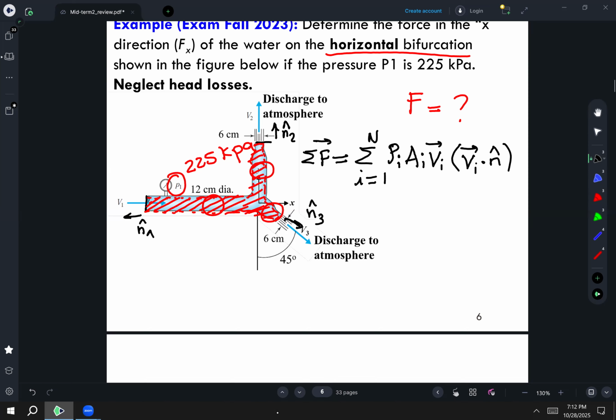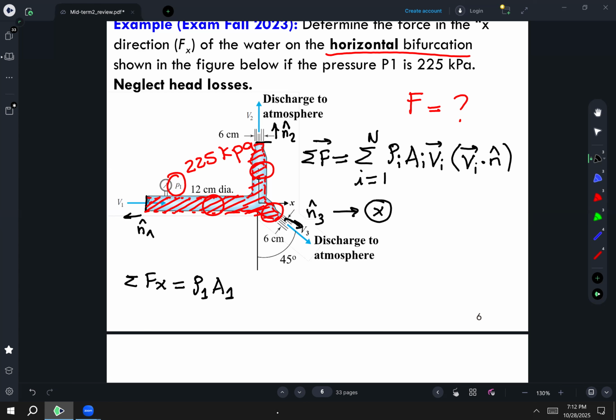Okay. So we can write this general equation of momentum in the following form. Because we are interested in the force in the x direction, so this is our x direction, we can say, okay, sum of forces in x will be equal to, so we can start with pipe 1. For pipe 1, we are going to have a density 1, area 1.